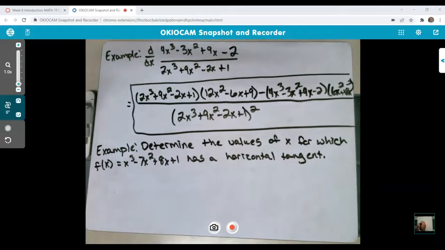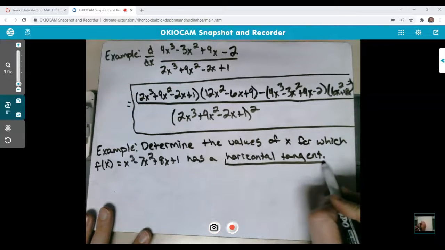So let's think about that. A horizontal tangent means that the tangent line at that point is going to be horizontal, right? Where a horizontal line has a slope equal to 0.